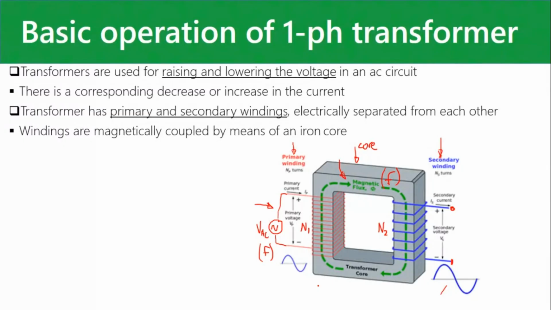Because of that, by means of Faraday's law, it induces a voltage in the secondary windings. Across here at the moment, we have a voltage, and we call that E2, E being the EMF induced voltage.